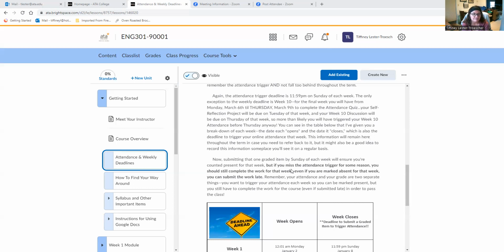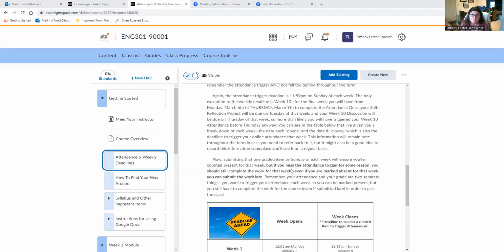So getting marked present every week just ensures that you don't get dropped from the class for missing too many weeks. But you still have to make sure that you're keeping up with any work for the week so that your grade can stay above the 70% mark.